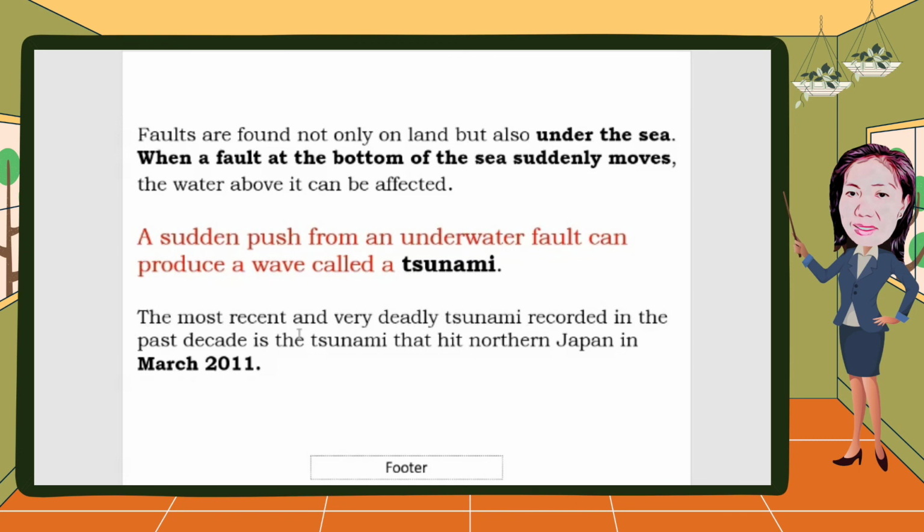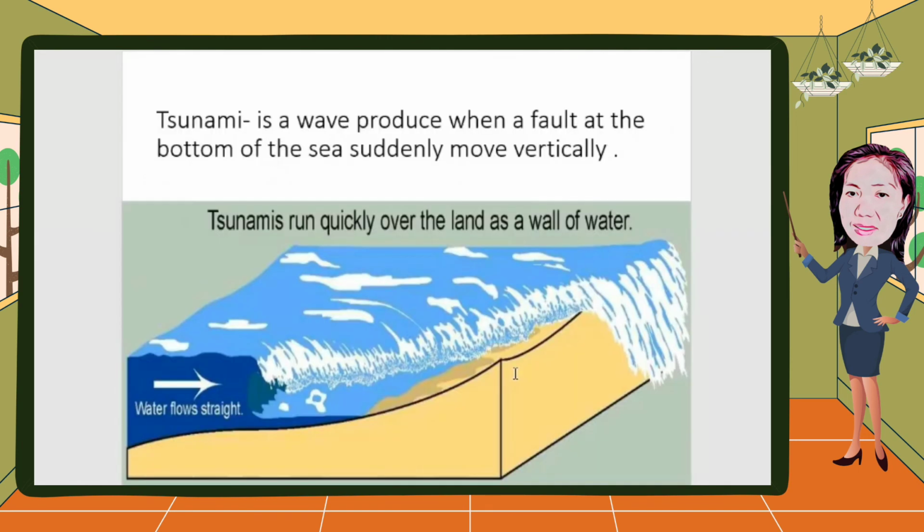So the most recent and very deadly tsunami recorded in the past decade is the tsunami that hit northern Japan in March 2011. So tsunami, ma'am, is a wave. Yes po. So, tsunami is a wave produced when a fault at the bottom of the sea suddenly moves vertically.